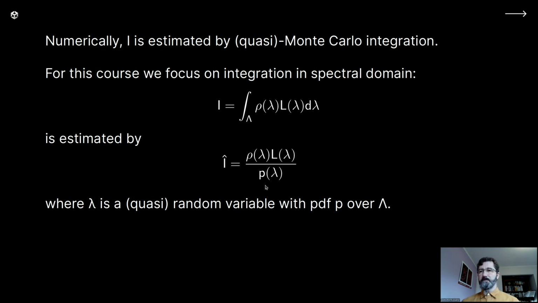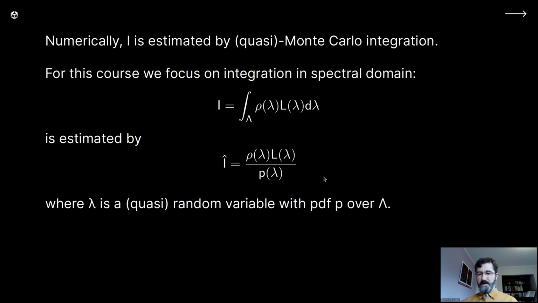On the chapter of Monte Carlo or quasi-Monte Carlo, the difference is, of course, that in quasi-Monte Carlo, we use a stratified sequence of samples instead of using purely random samples as in normal Monte Carlo.